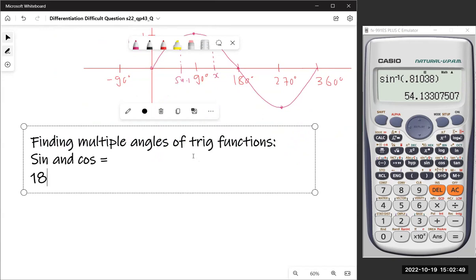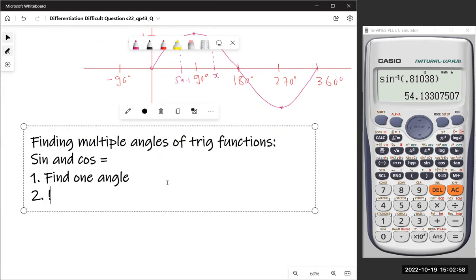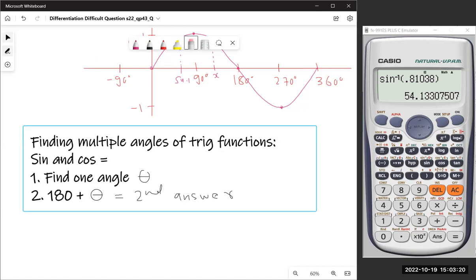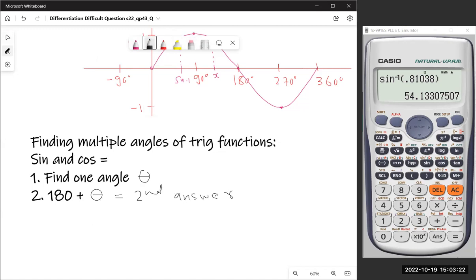First step is to find one angle, one answer. Second step is 180 minus theta equals the second answer. That's all you can do for sine graphs, actually.